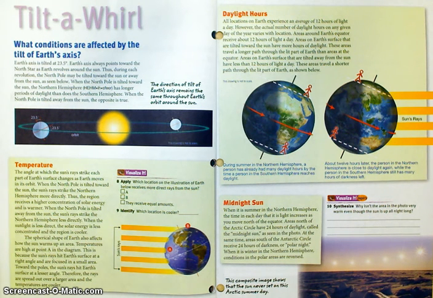Okay, you'll understand what they're talking about a little bit better as we do some of the activities that we're going to do later this week. But please understand that if you took the number of daylight hours for a specific location over the course of an entire year, it would average out to about 12 hours a day.